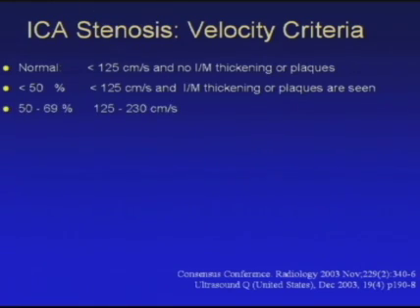This is a mild stenosis. When we have intima-media alterations and plaques and the velocity reaches 125 to 230 centimeters per second, this is a moderate stenosis, significant but moderate, in the range of 50 to 69%.